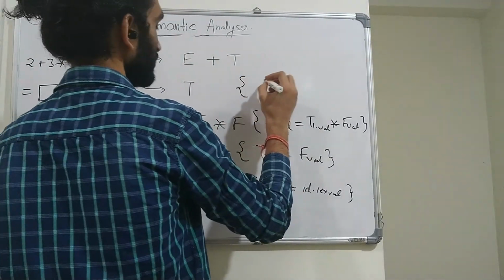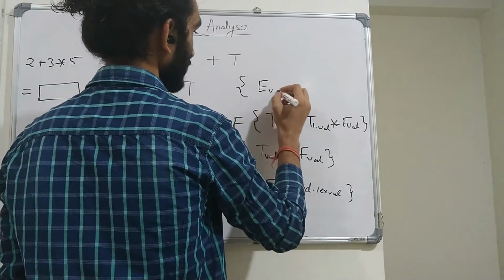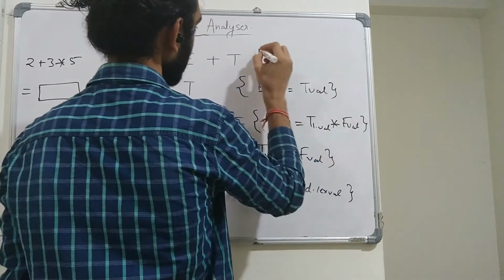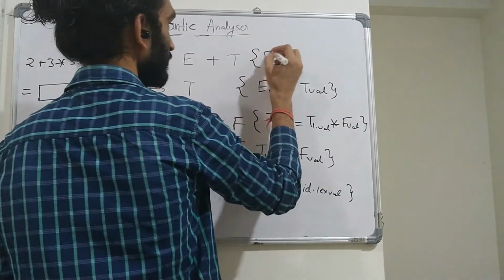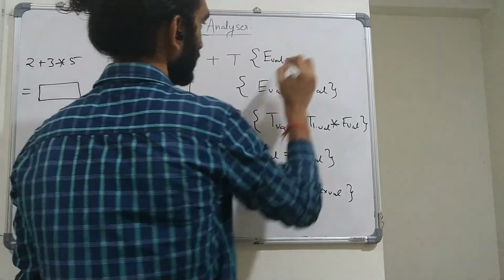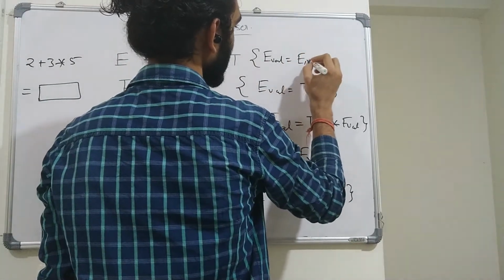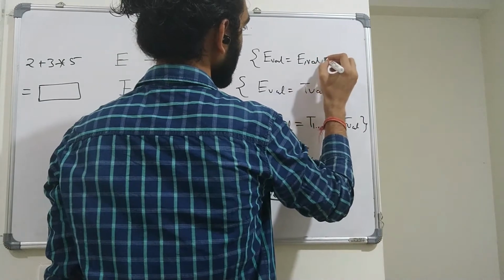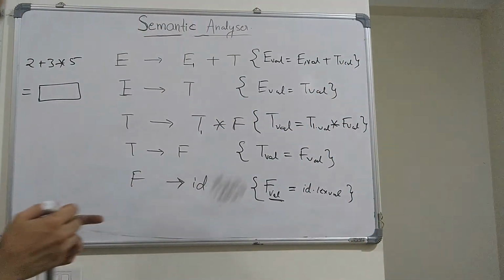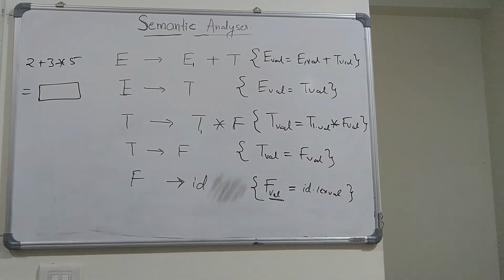Now this is going to be E val equals T val. Now same for here. E val equals, now I am again going to use E1 here, just to differentiate two instances of E, plus T. So the computation is simpler here.